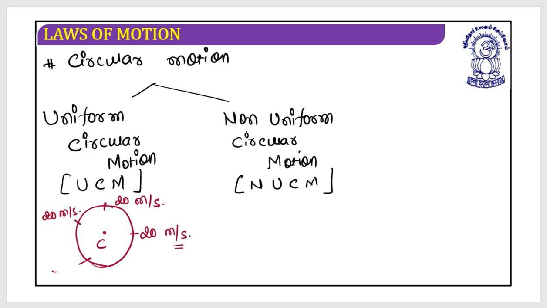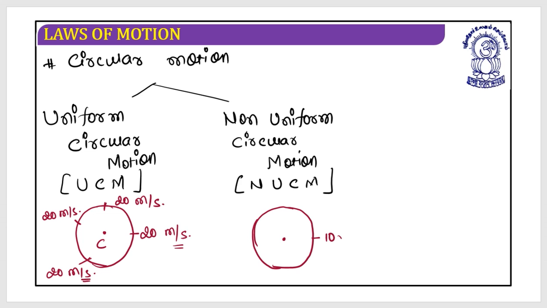This could be considered as a uniform circular motion. Come to a conclusion after I show you what non-uniform circular motion looks like. So first look at this and conclude which should be considered uniform circular motion and which non-uniform circular motion.